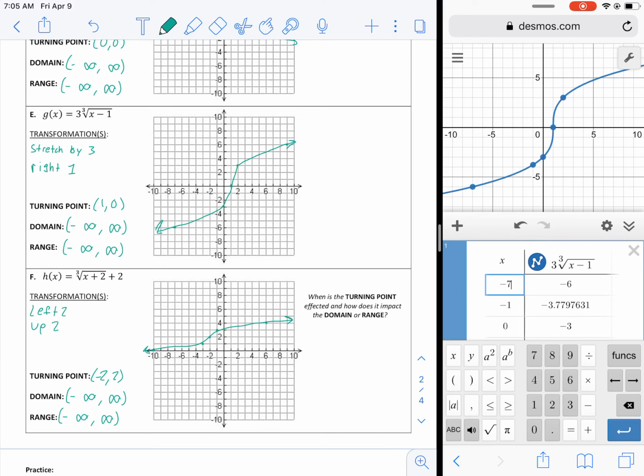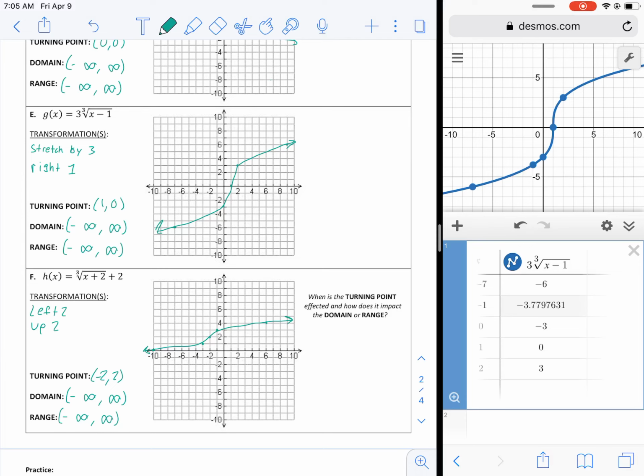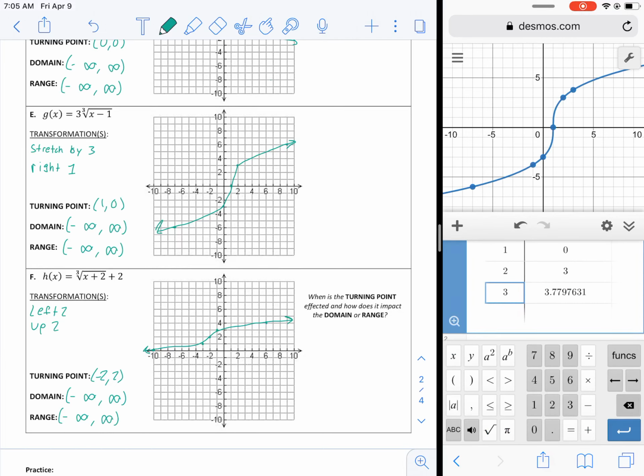So there we go, negative 7, 6. There's a point. So you just want to keep guessing numbers until you get whole numbers, like here again, 4, 5, 6, 7, 8, 9. There we go, 9, 6. There's another point you can plot. Okay, so if you need Desmos to help you get points, you can use it that way.